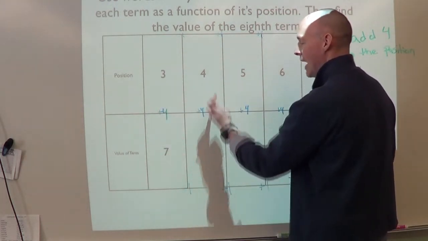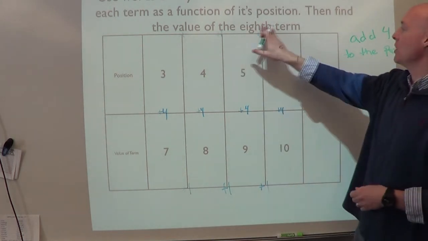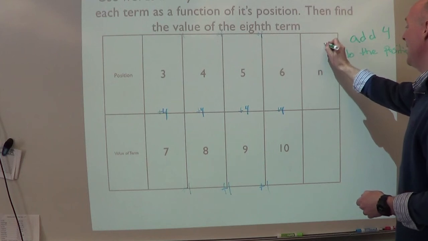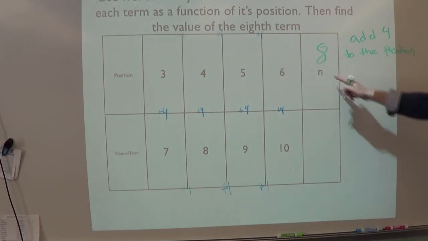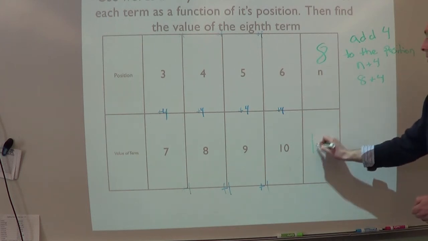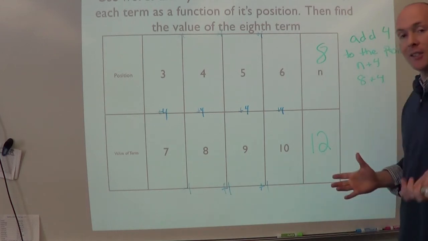What we have to do is just add 4 to get to the next one. In this case, it says, what is the value of the 8th term? So what if my position was 8? We have n plus 4. In this case, n is 8 plus 4. 8 plus 4 is 12. Boom. And there's our answer.